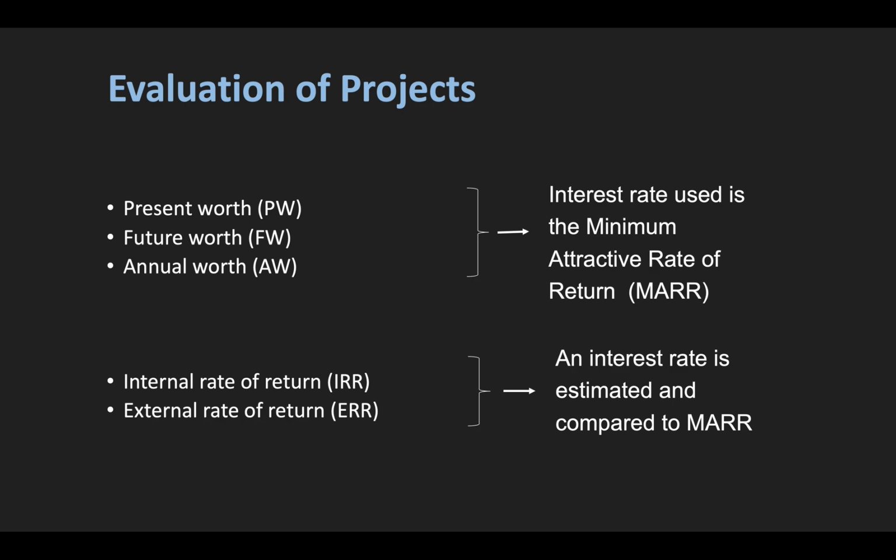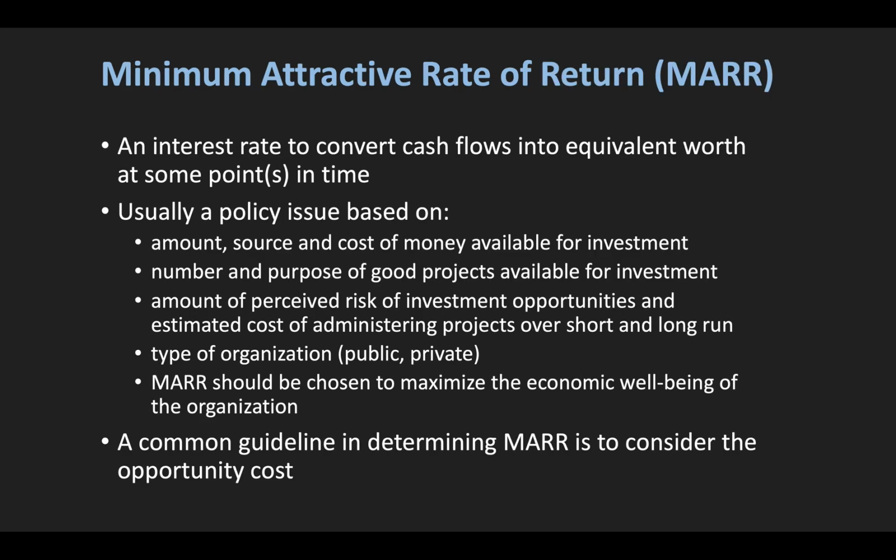And you can see that either way, we need to figure out MARR first. The minimum attractive rate of return, the MARR, is just an interest rate used to convert cash flows into equivalent worth at some point or points in time. Just like any other interest rate or return rate, it's the same concept.